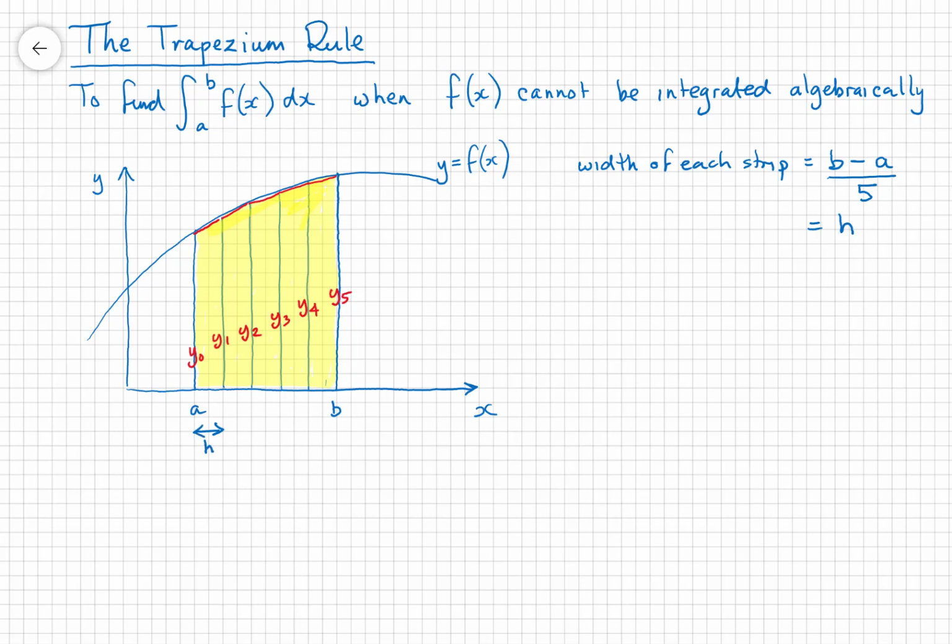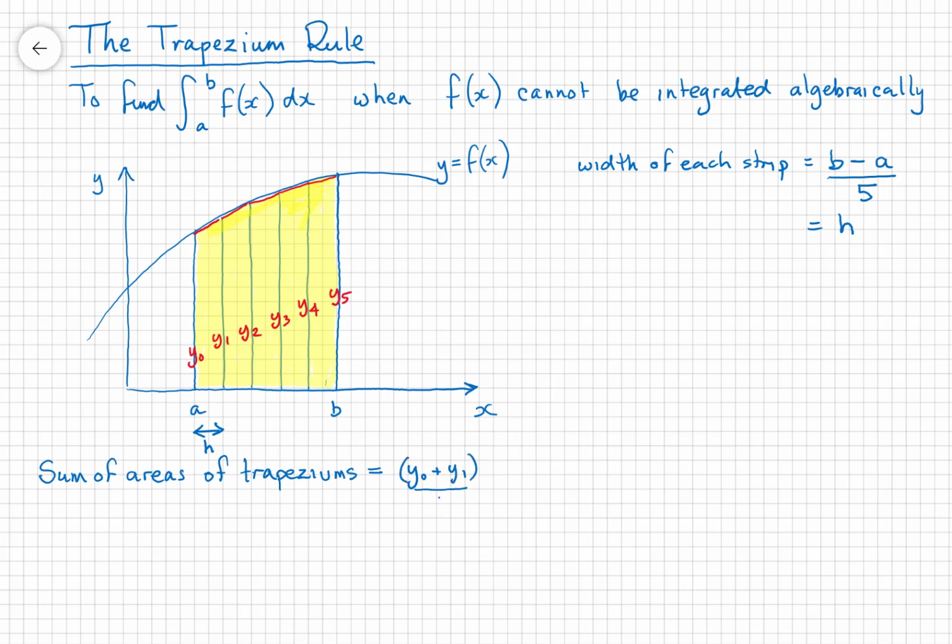Our approximation for the area under the curve will be equal to the sum of the areas of those 5 trapeziums. So if we begin with the first trapezium, and remembering that we add the 2 parallel sides, for the first trapezium it'll be y0 plus y1.